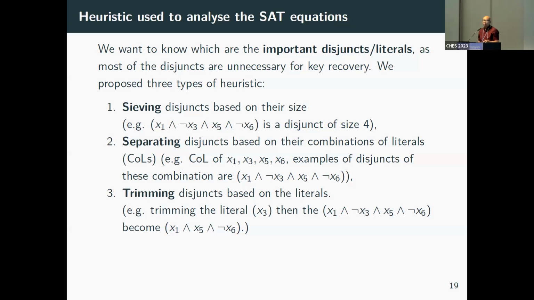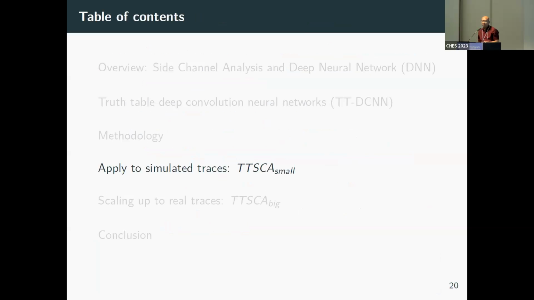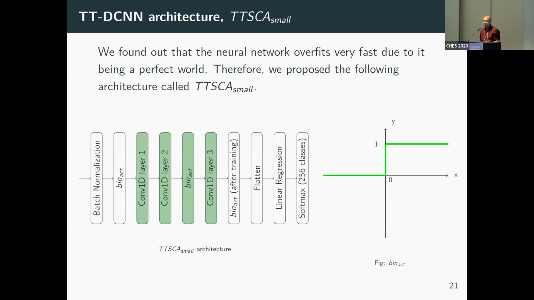And if we trim a literal, let's say x3, from the disjuncts, then we just simply remove this x3 from the disjuncts. So what's the goal of our plan? Our goal is actually to find the most miniature set of rules or set equations that the neural network actually needs for key recovery.